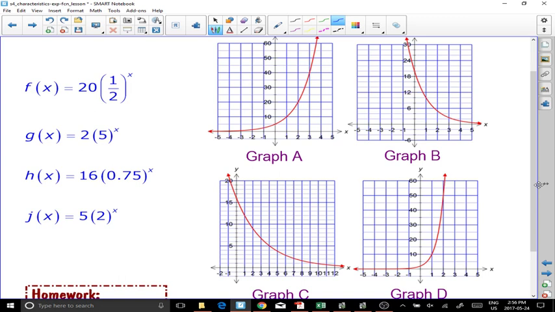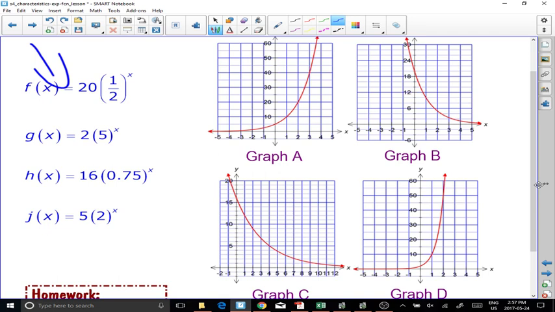So I want you to look at 20 times 1/2 to the power x, which is f of x. Which one of those graphs, A, B, C, or D, is f of x?